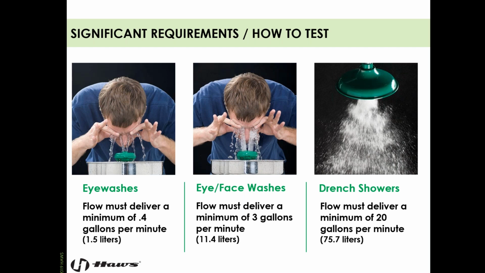Now the drench shower has to deliver a minimum of 20 gallons per minute, which is a lot of water. Okay, 20 gallons a minute is the bare minimum. Now, if it's used correctly, that 20 gallons per minute can be very effective at flushing your entire body.